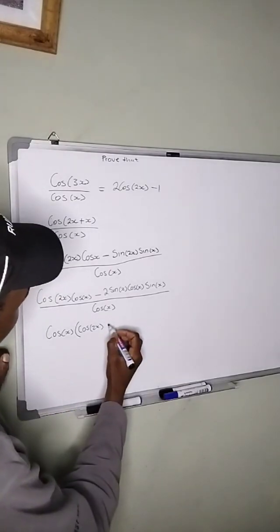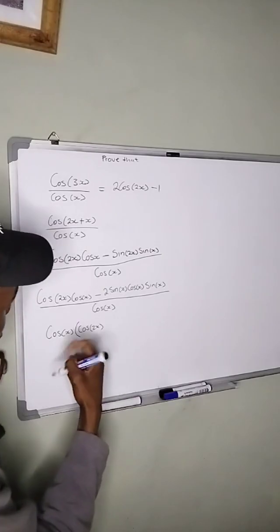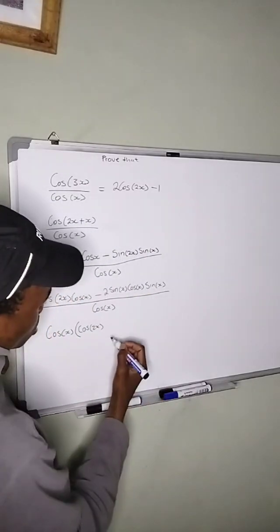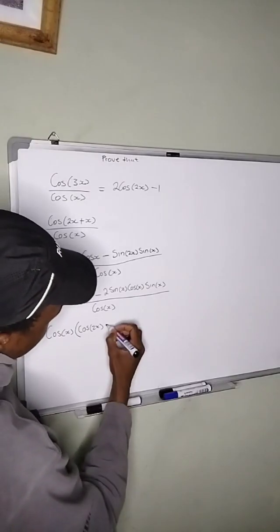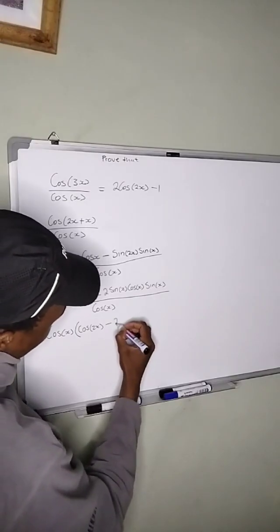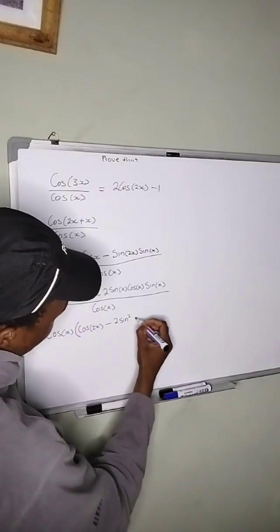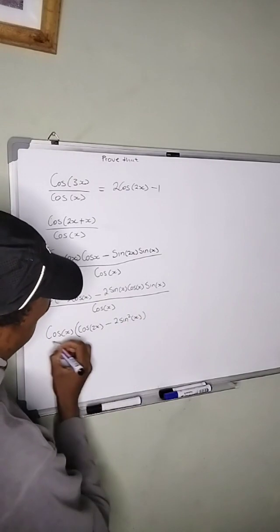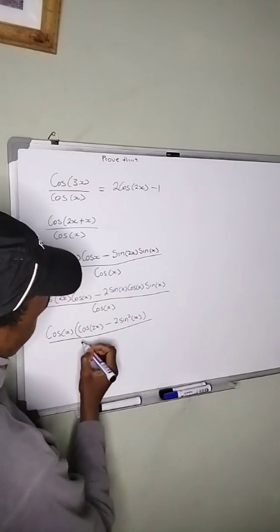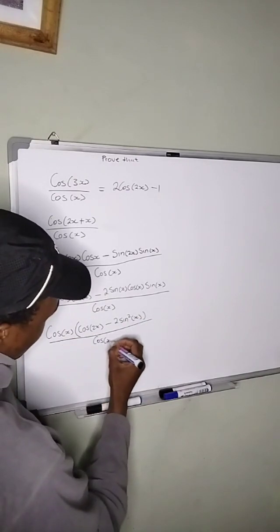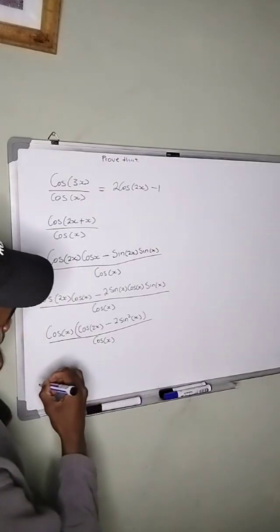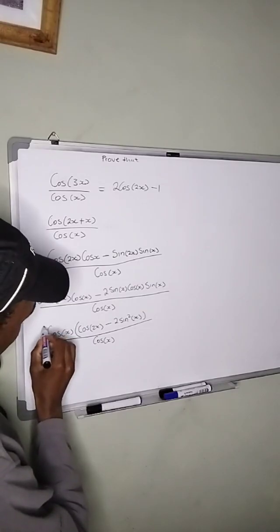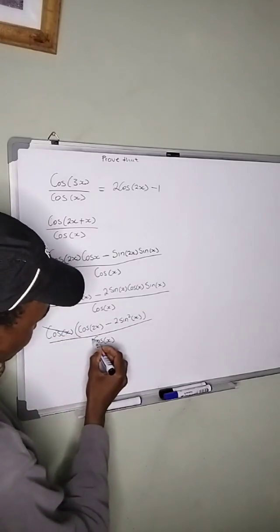So this times that is going to be sine squared, so minus 2 sine squared x, all divided by cos x.